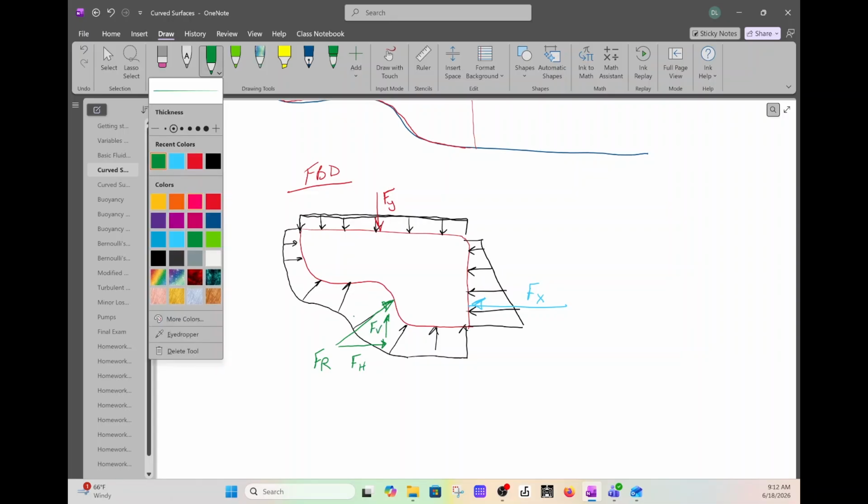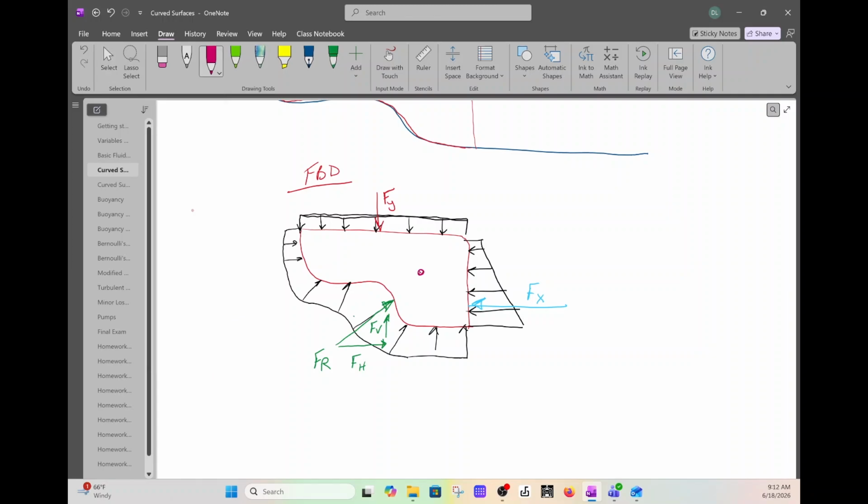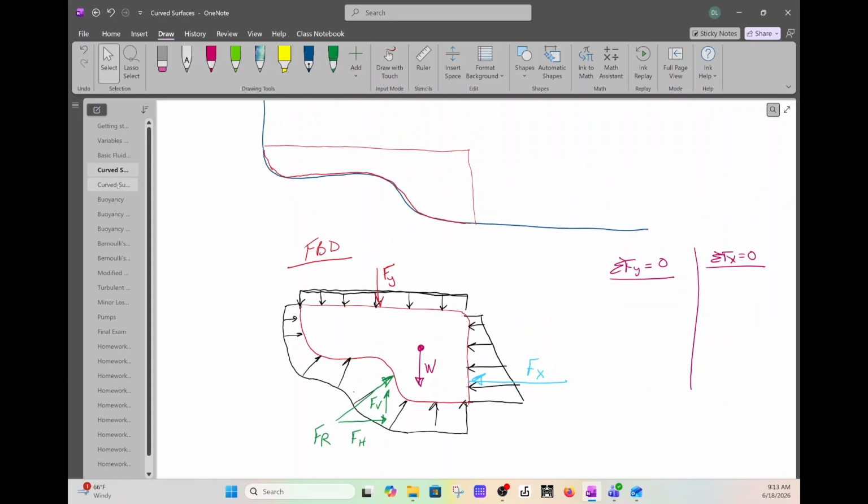And you also have the weight of the water, right? It's pretty much every side of that shape. Then you sum the forces in the Y and set it to 0, and then sum the forces in the X and set it to 0. Okay? So let's do a practice problem so you know what you're doing here.